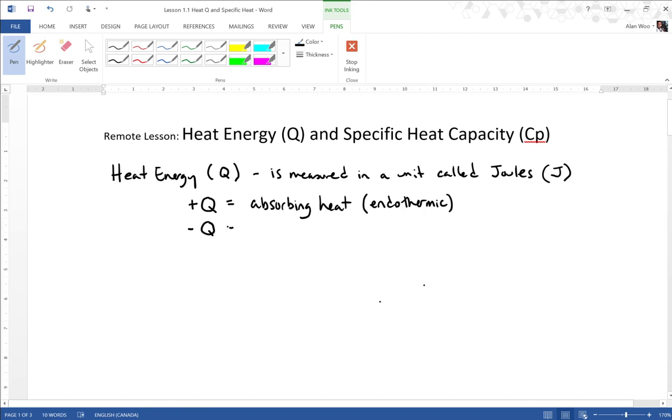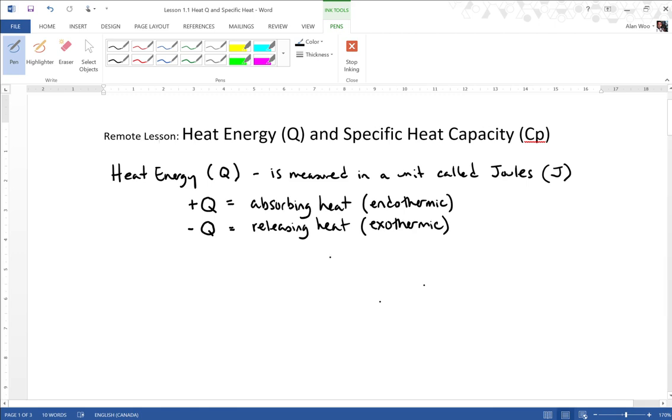Negative Q, on the other hand, means releasing heat, and the term for this was exothermic. So something absorbing heat might change phase from, let's say, solid to liquid, while the opposite, if it's turning from liquid to solid, might actually be releasing heat.